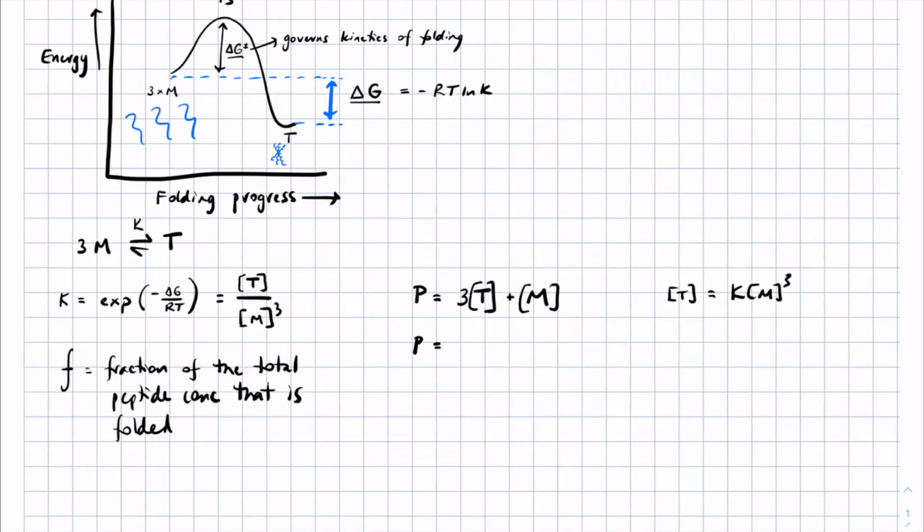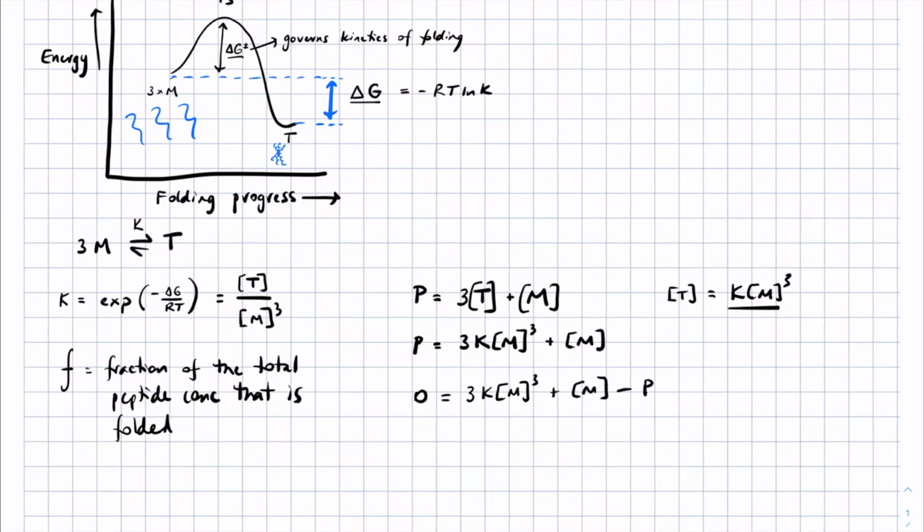And we can substitute that expression into the concentration of trimer in our total peptide equation. And if we subtract the total peptide concentration from each side, we're going to have this interesting cubic equation. It's a polynomial, and these are difficult to solve analytically.